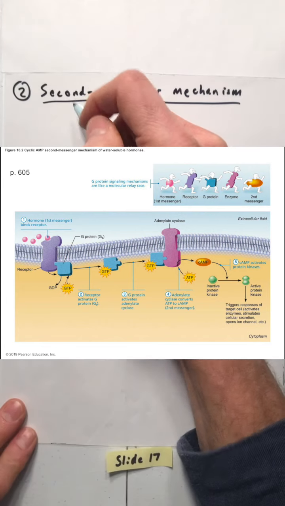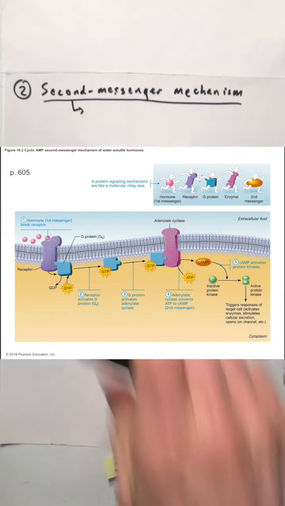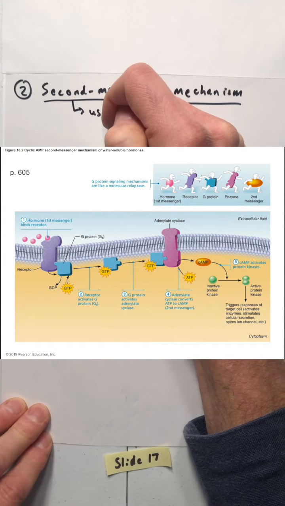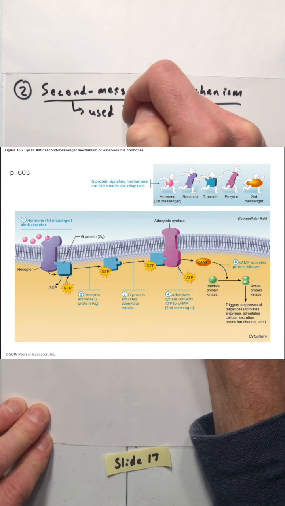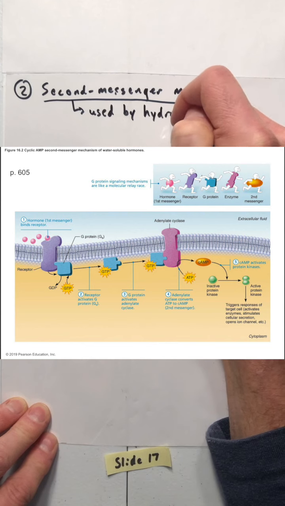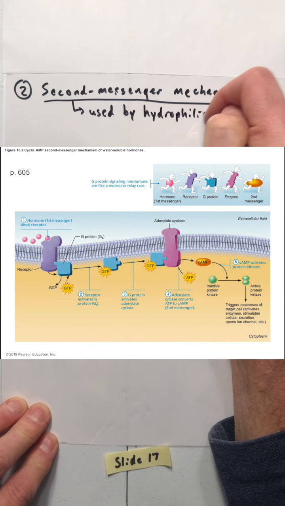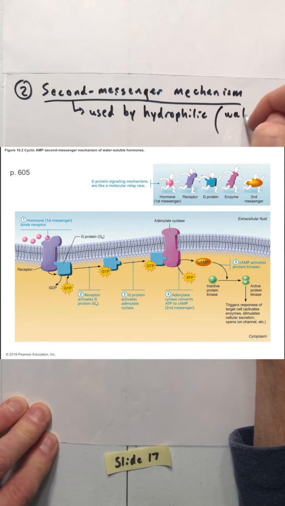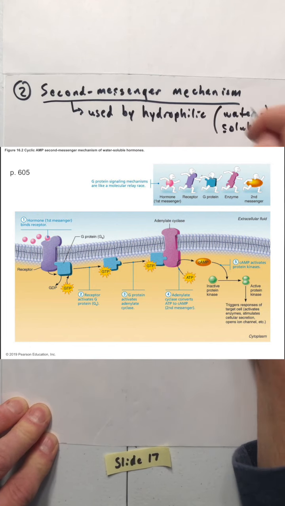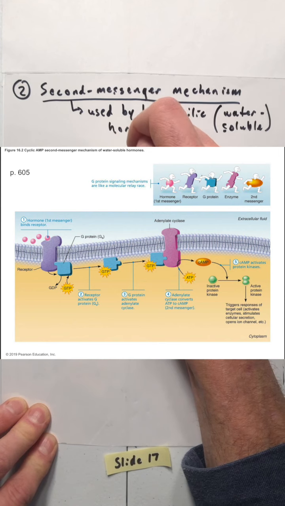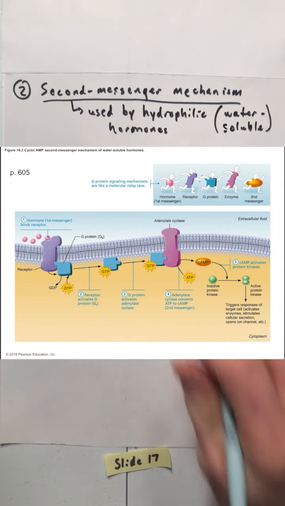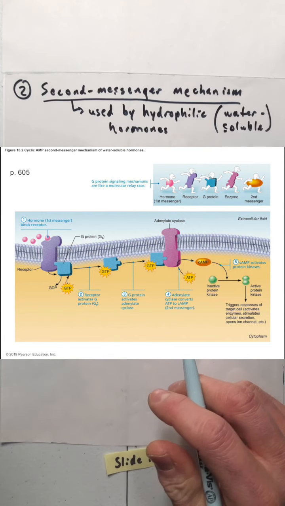Okay, so again, this is used by hydrophilic, water-soluble hormones. They are not lipid soluble, so they can't get into the cell. The best they can do is bind to some receptor on the surface of the cell.